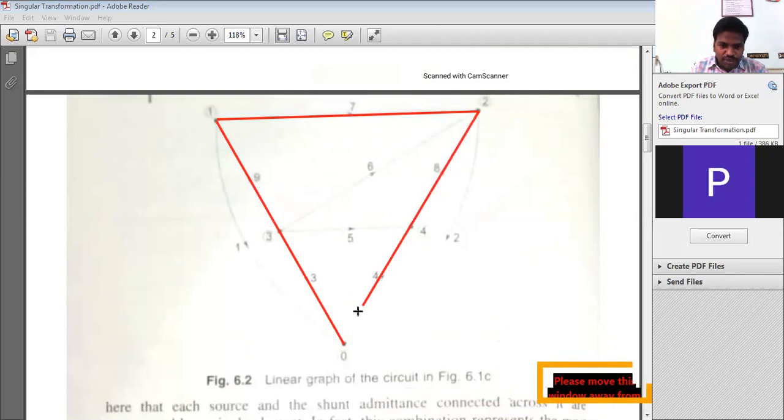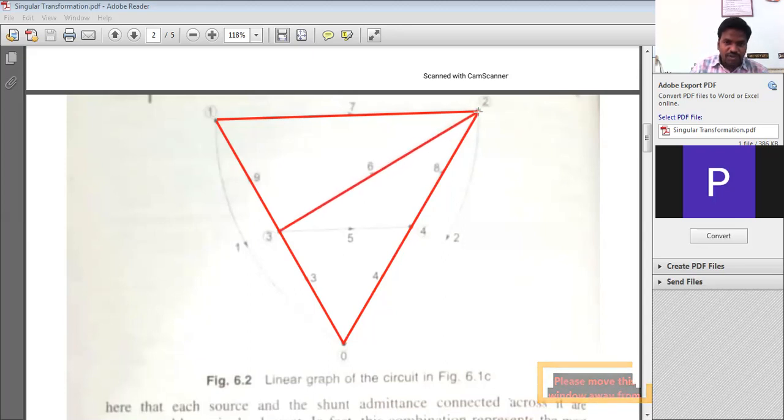So this is the information of the graph, which can be drawn from the network itself. Please try to understand, which can be drawn from the network itself. Network means, how do you get a power system's network? That is also very important here, right?